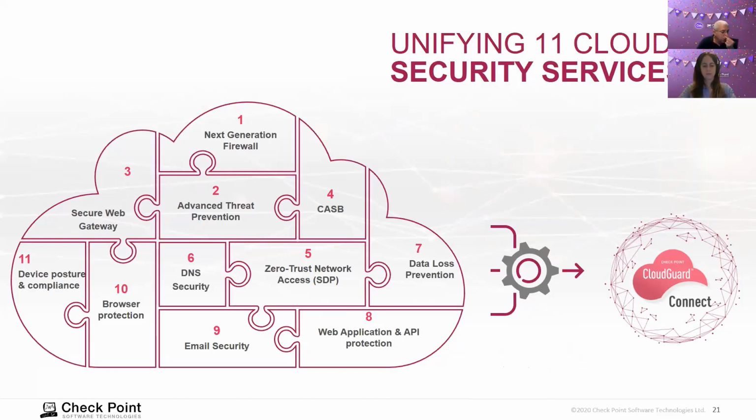Our email security, our secure web gateway capabilities, so all the URL filtering and anti-phishing and malware prevention, our data loss prevention, all of those are capabilities that we've built and perfected, and now we're unifying them as a cloud service at the center of this platform. In fact, there are about 11 distinct capabilities that are going to be unified as one consolidated service, and that's what we're working on.